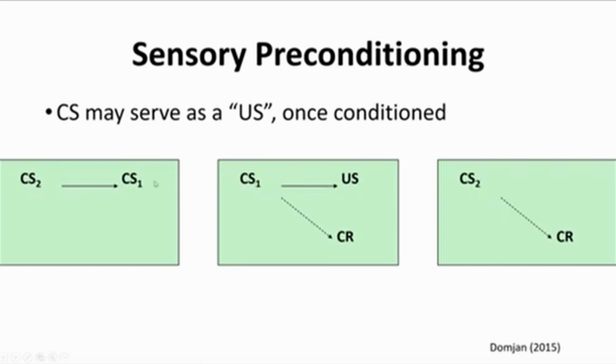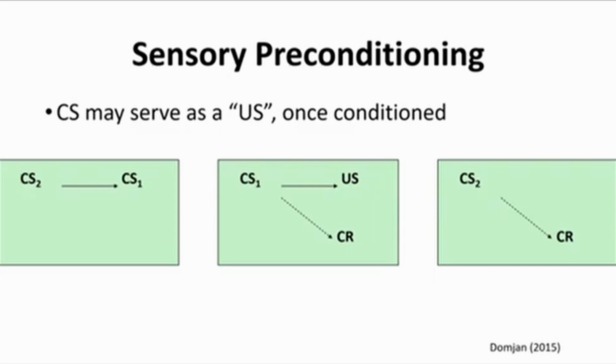So we can get our CS1 to elicit a conditioned response because of its association with that unconditioned stimulus. However, as we learn about CS1, CS2 happens to get dragged along with it. Because we associate CS1 with CS2, CS2 comes to elicit that same conditioned response, even though it was never directly paired with our unconditioned stimulus.